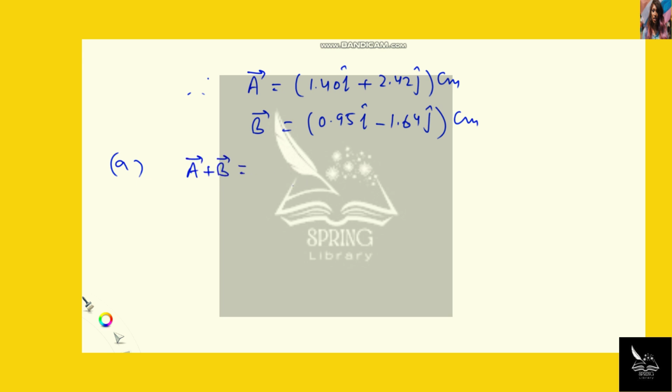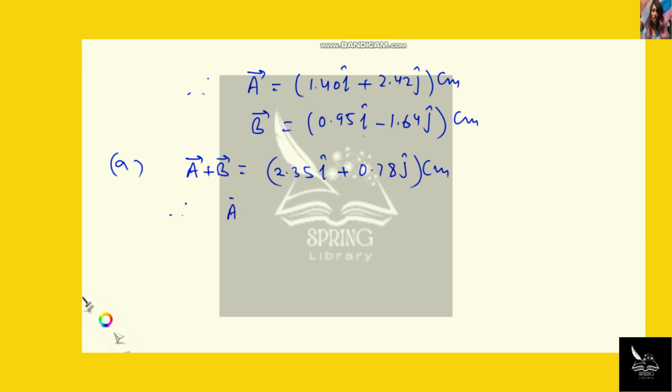So to find this A plus B, I will add the i with the i, j with the j, so it comes out to be equal to 2.35 i cap plus 0.78 j cap centimeter.